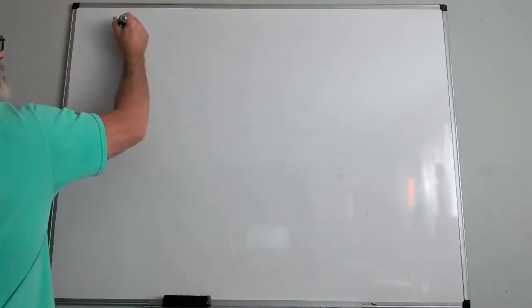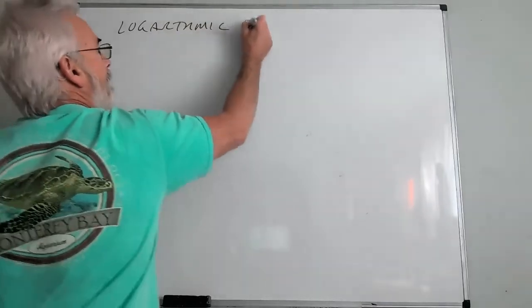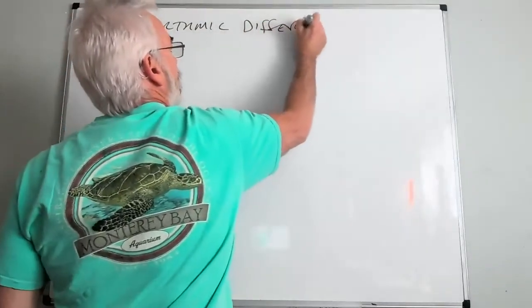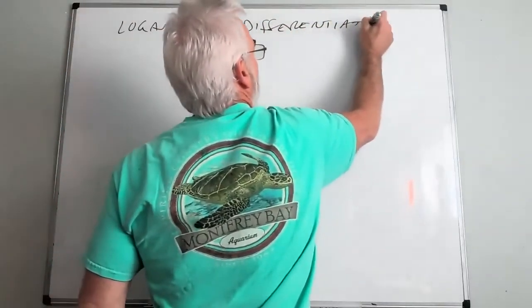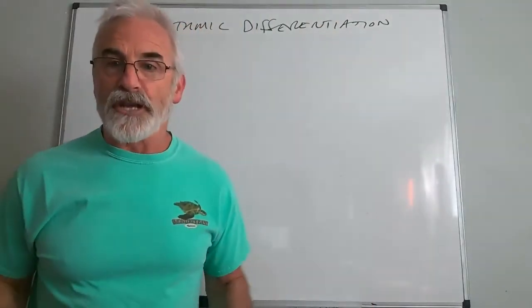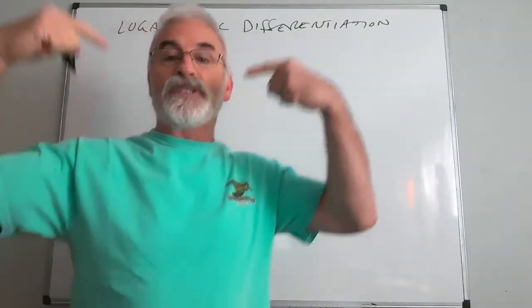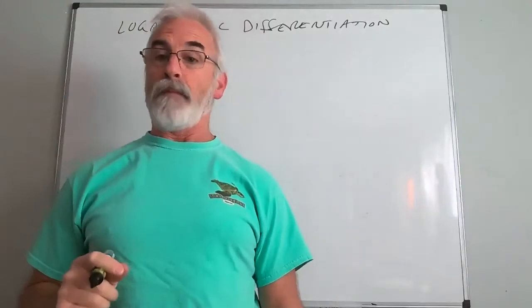So we're going to go over something called logarithmic differentiation, as opposed to the derivative of a logarithm. Logarithmic differentiation is the idea that if I start with something and I change it into a log problem, it might make my life easier.